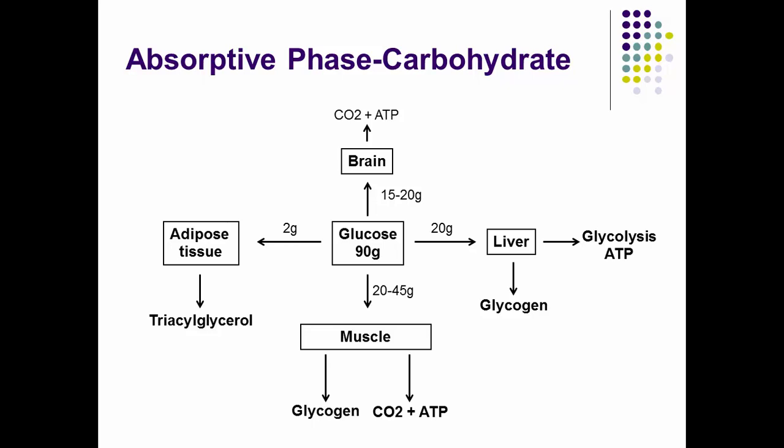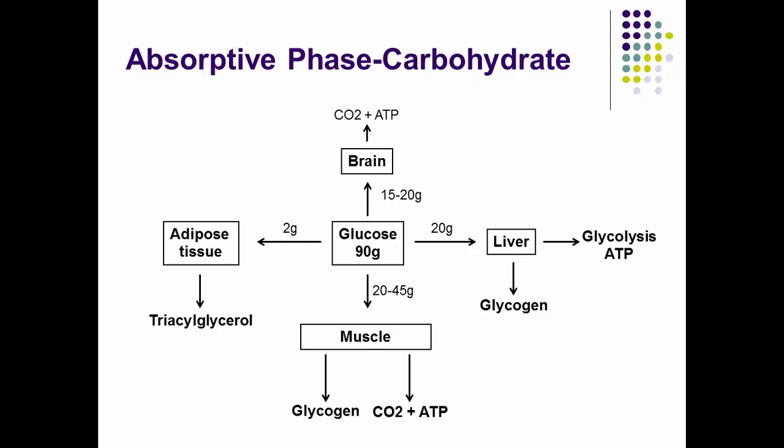So, see, 15 to 20 grams of the glucose go to the brain for energy use, and 20 to 45 grams of glucose are distributed to the muscle, and half of them for complete oxidation for ATP production, and another half of the glucose is used to synthesize glycogen and stored in the muscle, right?